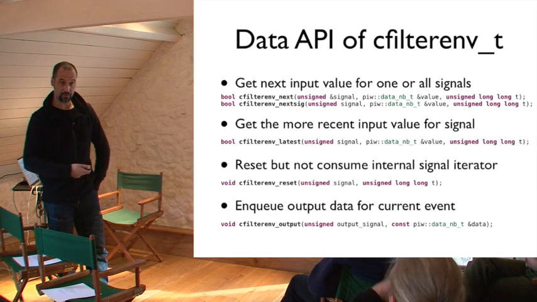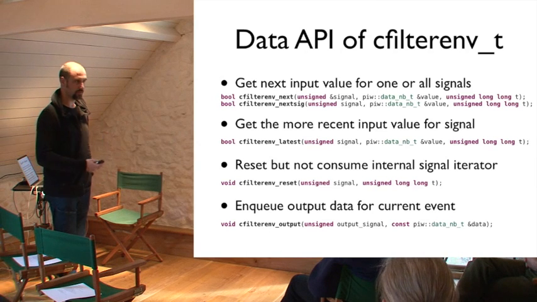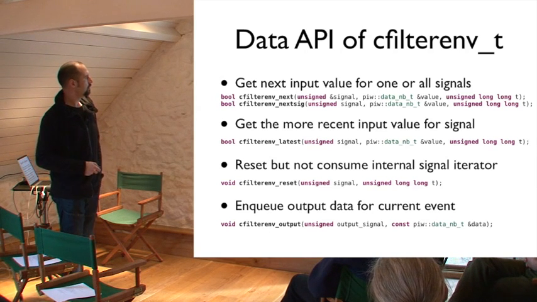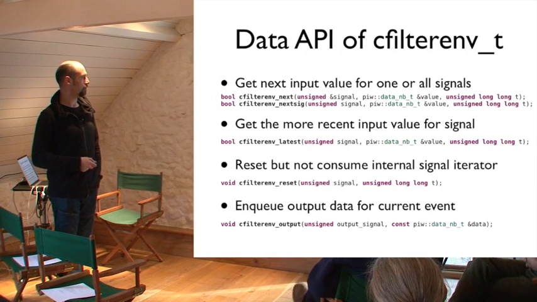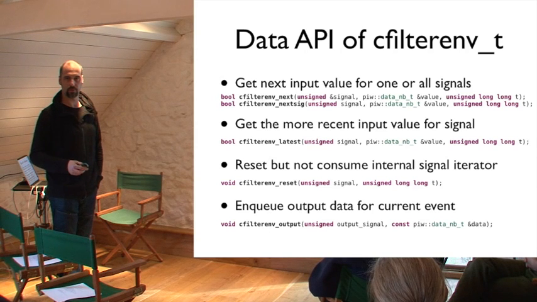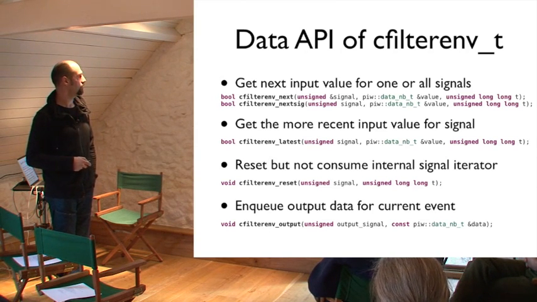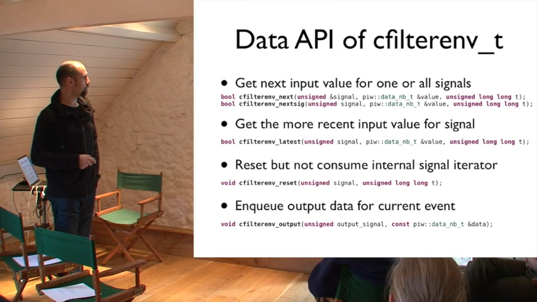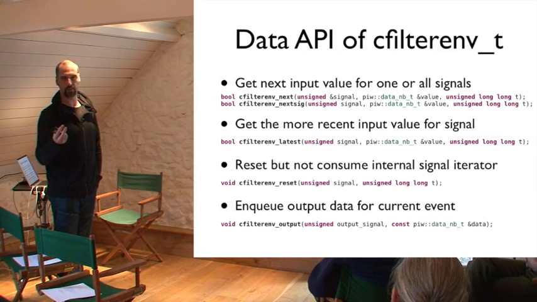So how do you interact with the environment, right? The C-filter environment that is being passed in. You've got a bunch of different methods there. Those are the basic ones that you will be working with. There are some, just 3 or 4 more, but not as frequently used. So you can get the next input value in the buffer by providing a reference to a variable that will be filled in with the signal that it found on the buffer, that is the next signal.